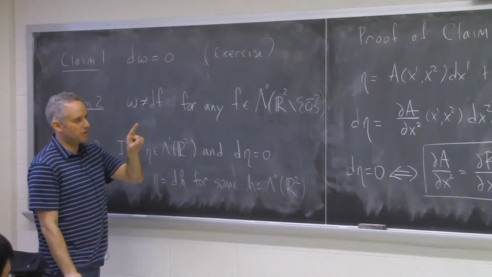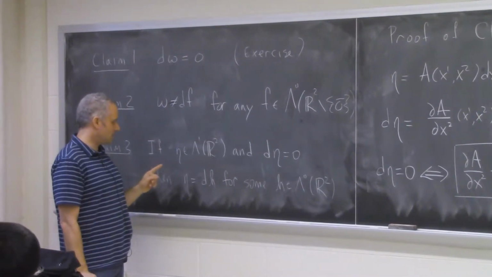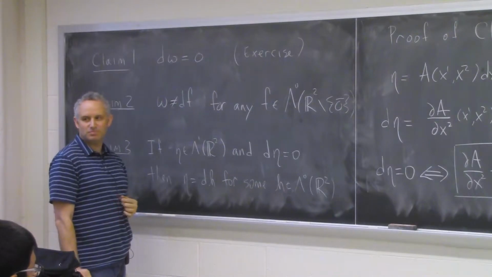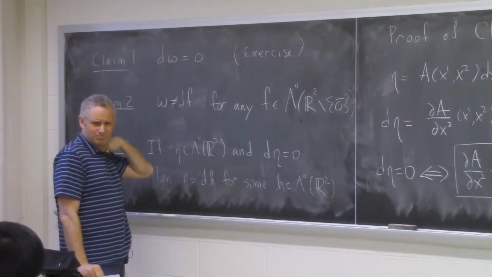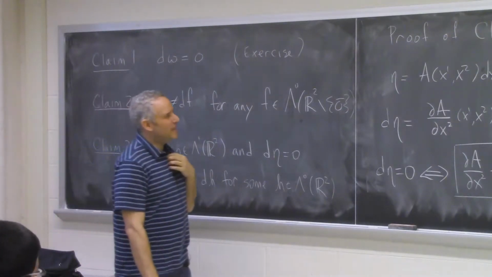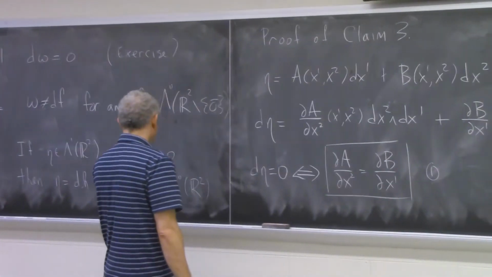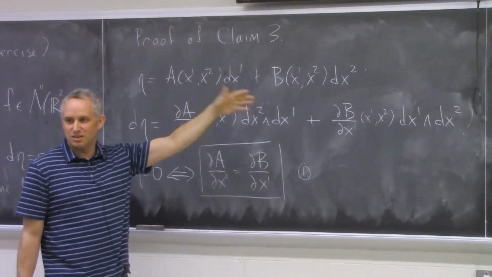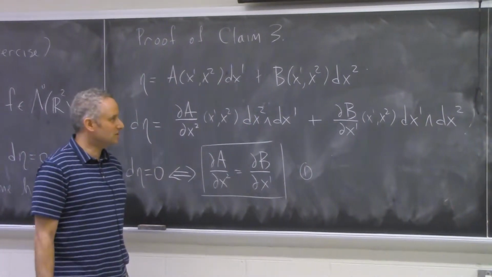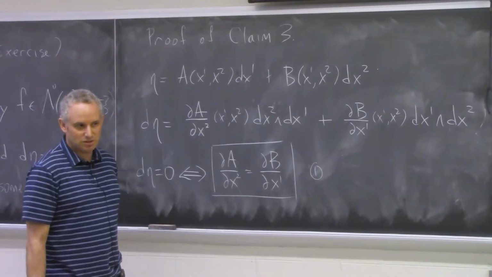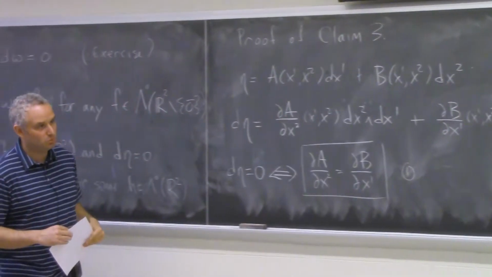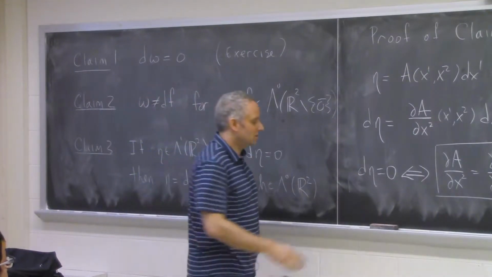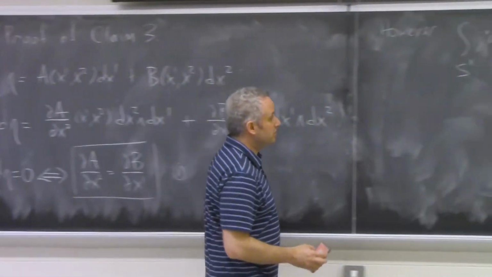And now we want to show that that implies that eta is d of something. Okay? So we have to find a function whose exterior derivative is this. So it's not so easy. You'll see that the answer isn't maybe what you would guess. So let me tell you what the answer is, and then we'll prove that it's the answer.